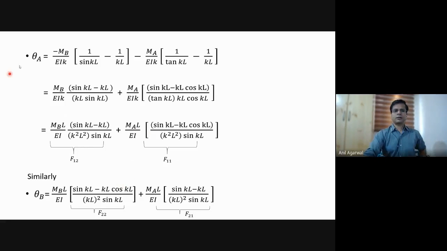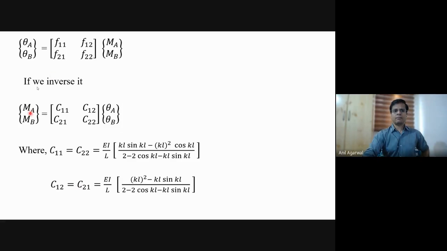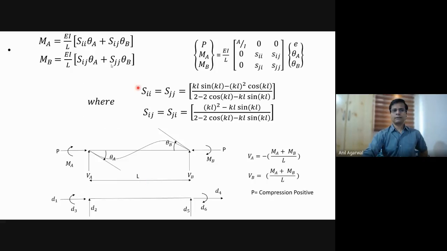So we had theta A and theta B as a function of MA and MB, but you can solve for MA and MB in terms of theta A and theta B. Then we took EI divided by L out, and we got these two stiffness matrices, these 4 terms, which are essentially 2 terms. So these are relating MA and MB with theta A and theta B.